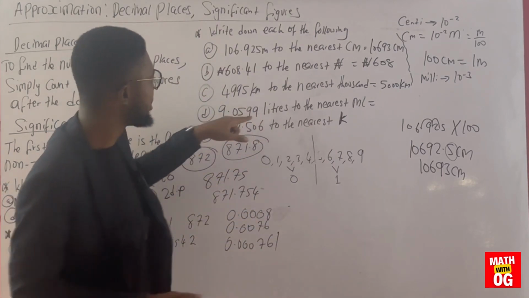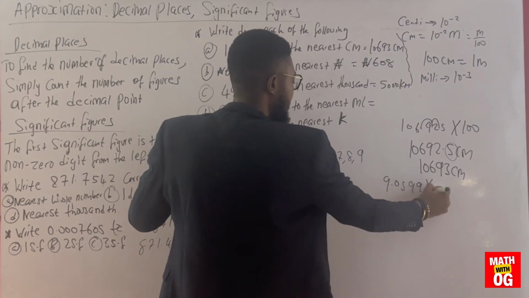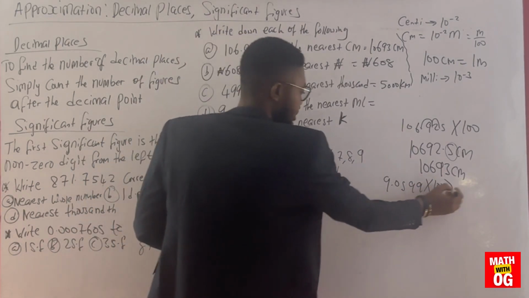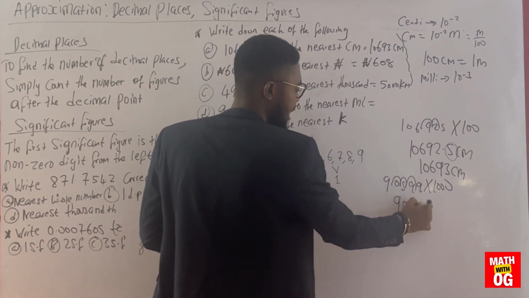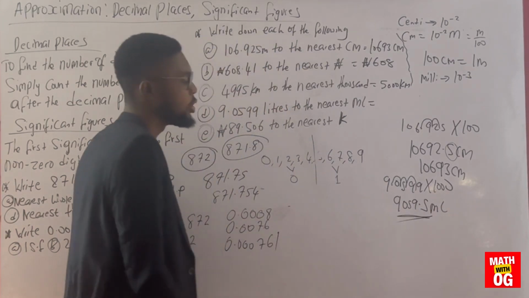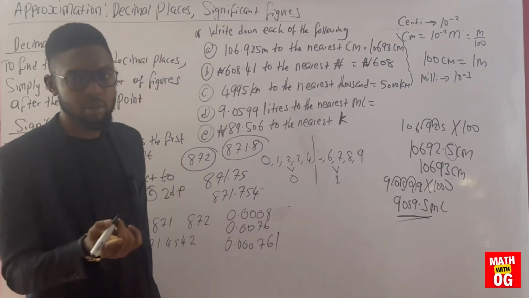So changing this to milliliters will simply be 9.0599 multiplied by 1,000. Now this is a power of 10. 3 zeros, you move 1, 2, 3. So this will give us 9059.9 milliliters. Now we have to approximate this to the nearest whole number in milliliters.